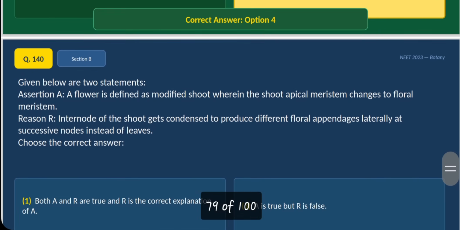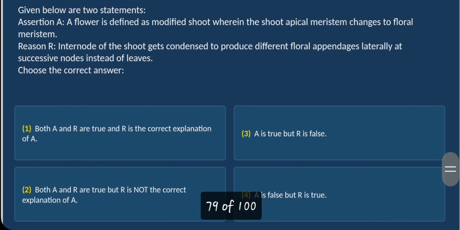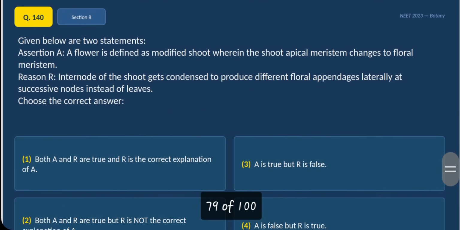Anyway, given below are two statements. Assertion, so you find a lot of assertion reason questions. A flower is defined as a modified shoot, wherein the shoot apical meristem changes to floral meristem or inflorescence meristem. A is correct. Internodes of the shoot get condensed to produce different floral appendages laterally at successive nodes instead of leaves.